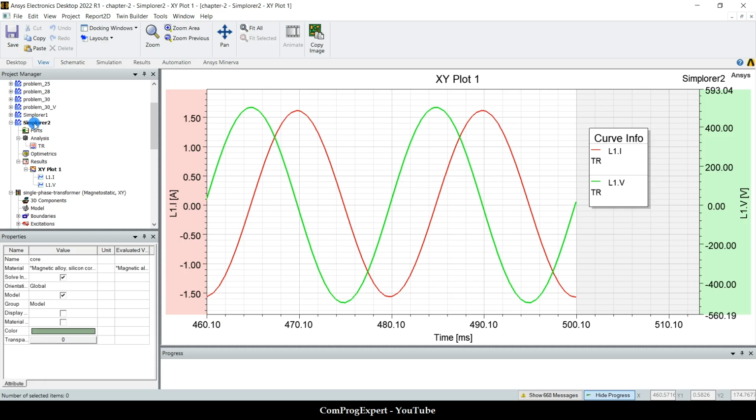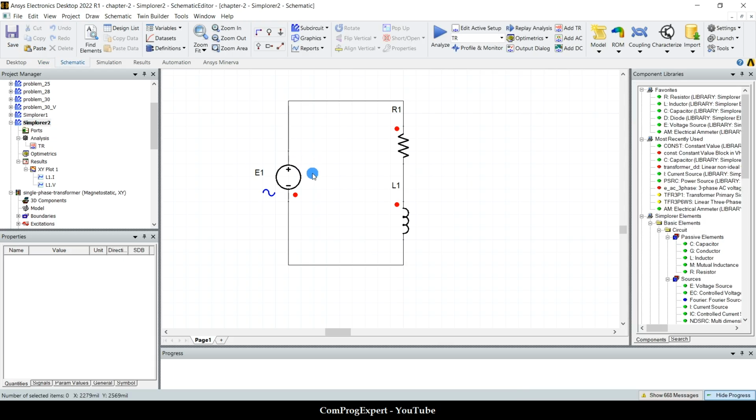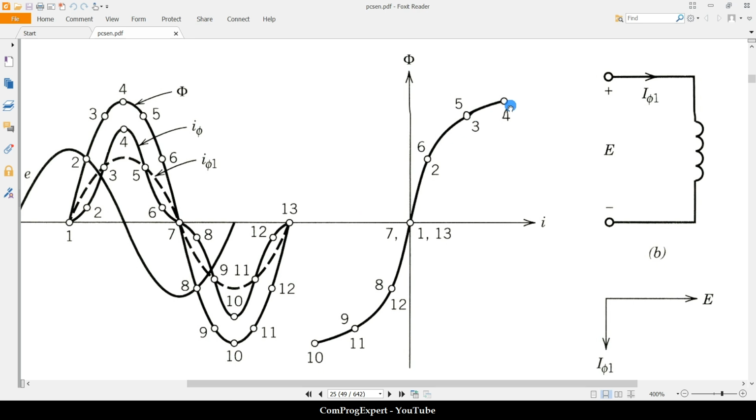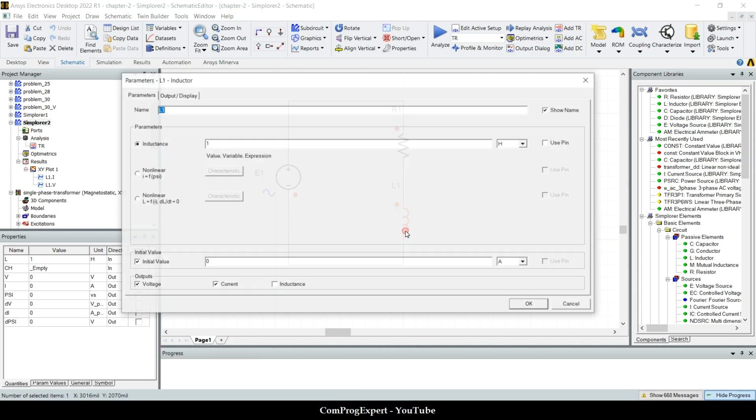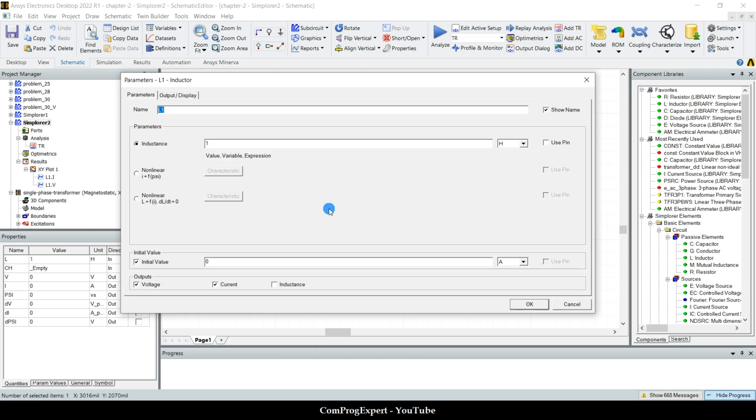But what if we apply a sinusoidal voltage, but we have a nonlinear inductor here? In this case, because the characteristic is nonlinear, like this, we have all odd harmonics, right? So let's check again, like before.